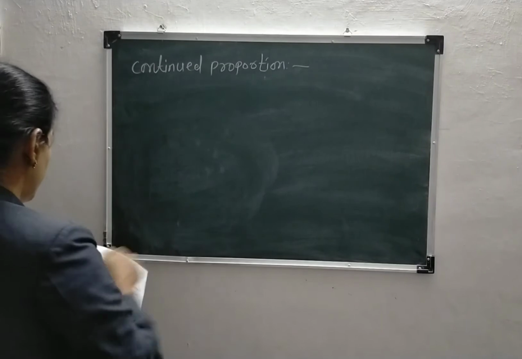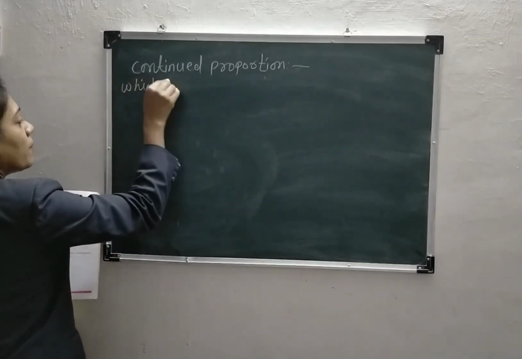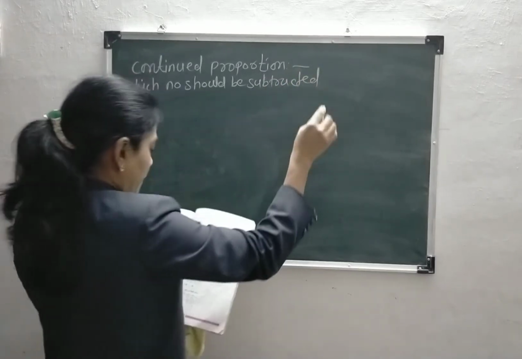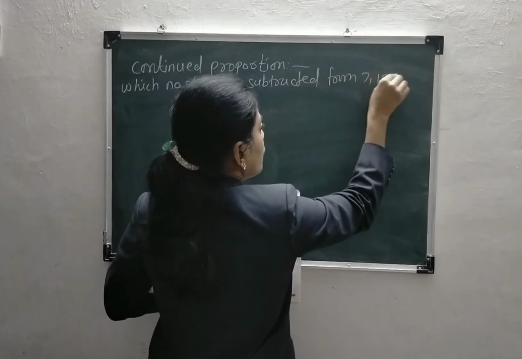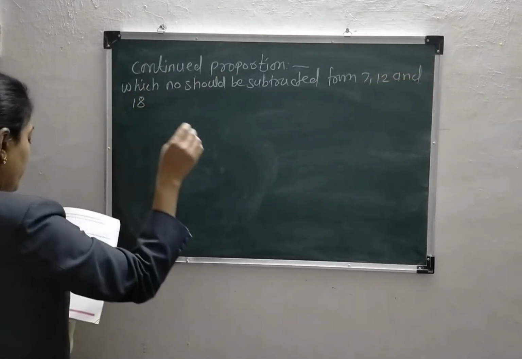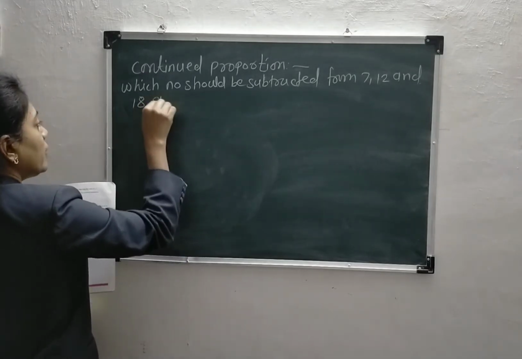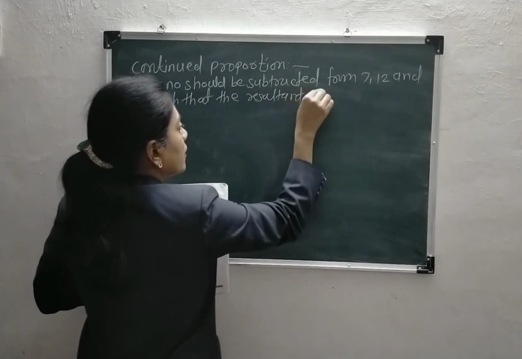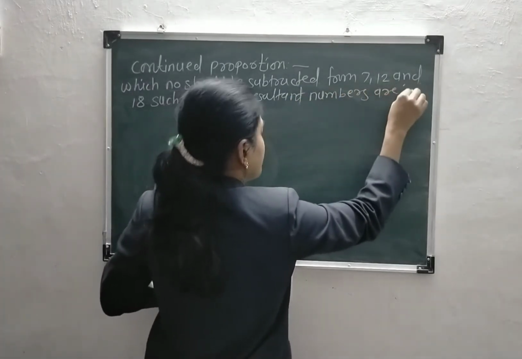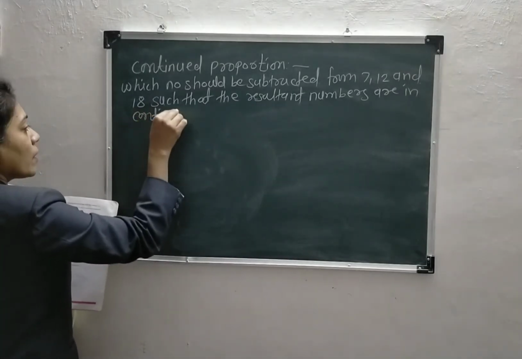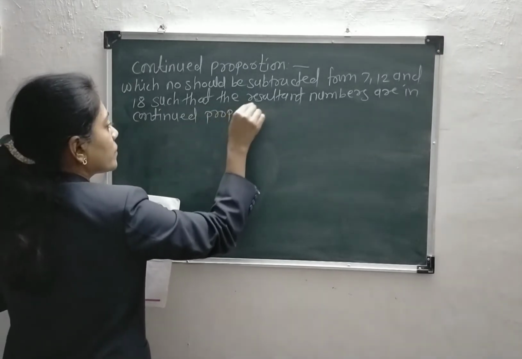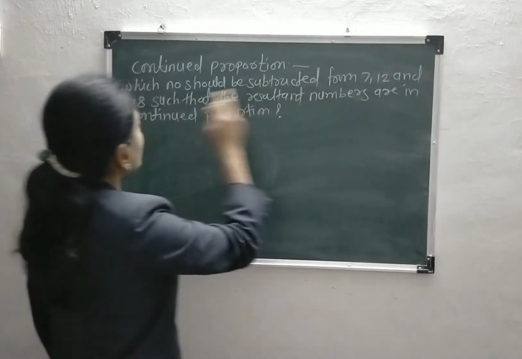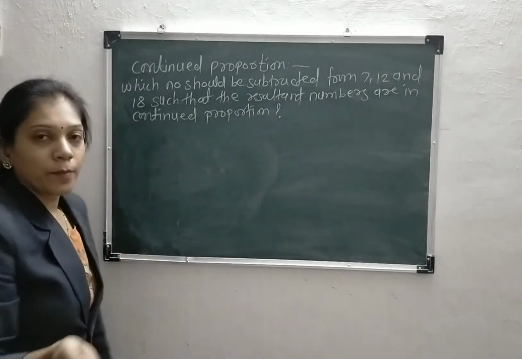First example: Which number should be subtracted from 7, 12 and 18 such that the resultant numbers are in continued proportion?